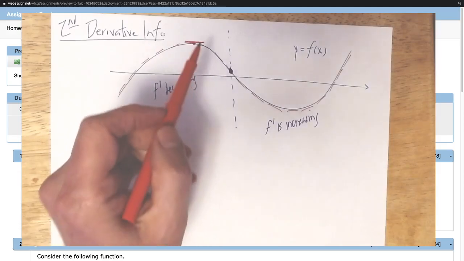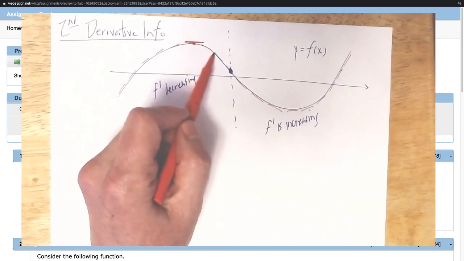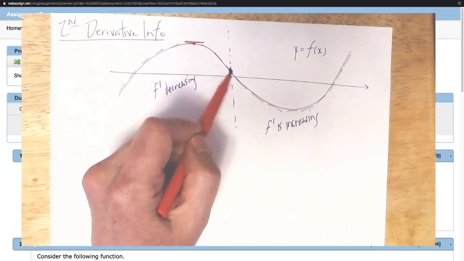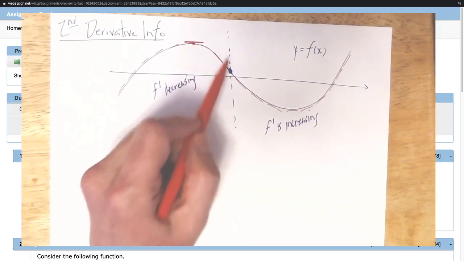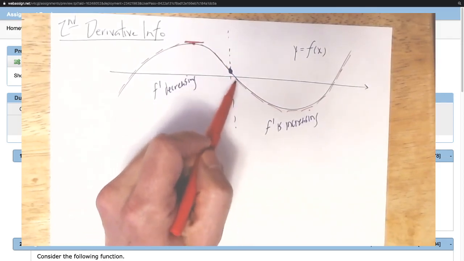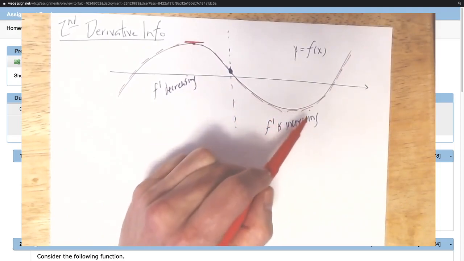Now, that doesn't last forever for this graph, though. The slopes keep decreasing, but at some point, and I've just eyeballed it here at this point on the graph, that trend stops, because if you start looking to the right of this vertical line here, you see that the slopes actually start increasing again, right?